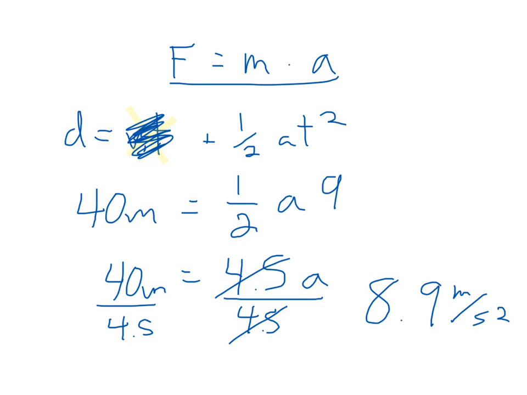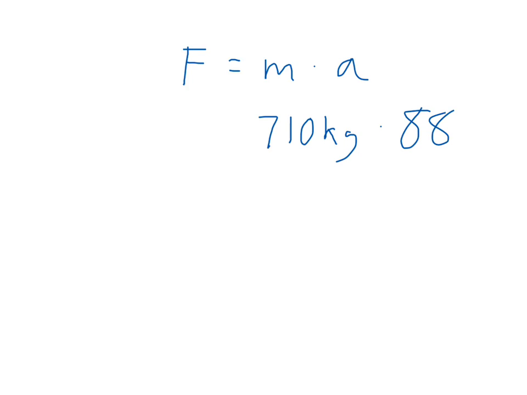Now let's go ahead and plug it back into this equation. I'll get a fresh sheet here. All right, so if F equals m times a, and we know our mass is 710 kilograms, and our acceleration is 8.9 meters per second squared, if we take those two values and multiply them together, we should get our force.